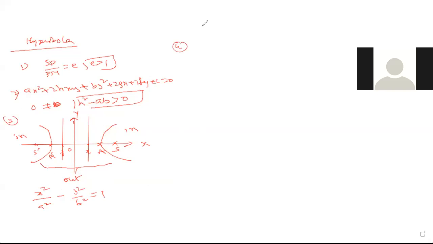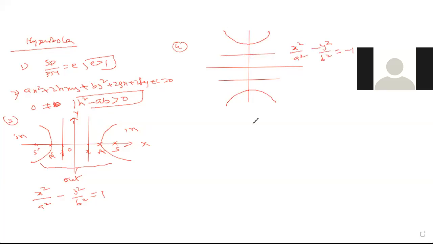Fourth point, immediately I can say that you have rectangular hyperbola. Sorry, not rectangular, conjugate hyperbola. Conjugate hyperbola, you can say it will be like this, whose equation is x square by a square, it is not same as the previous one. Conjugate hyperbola.